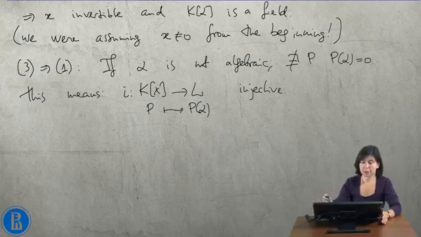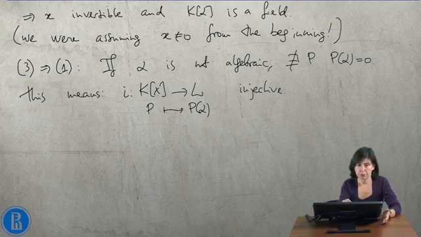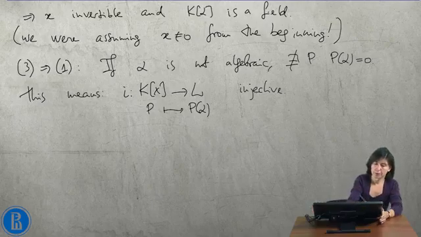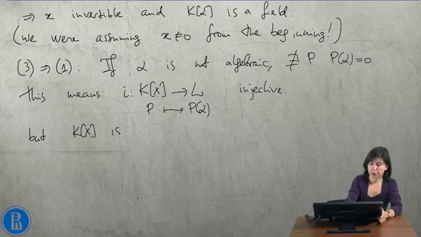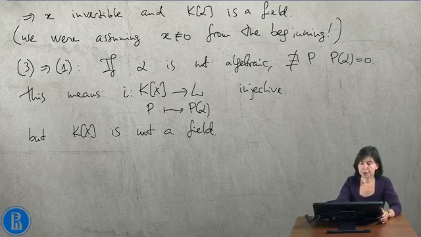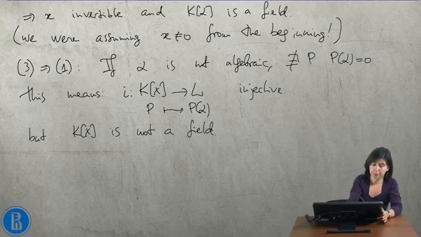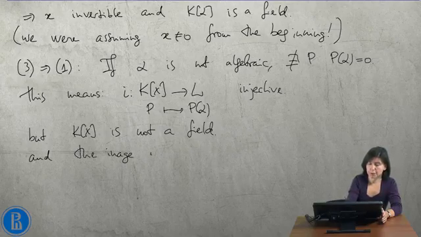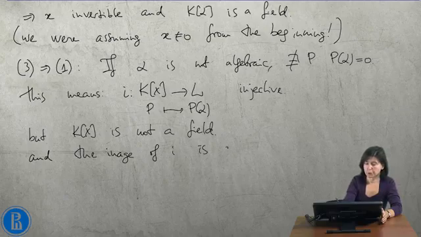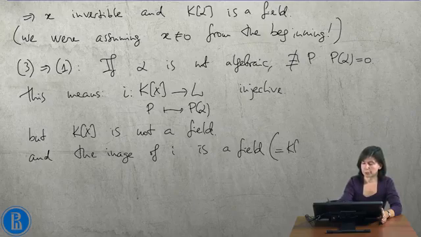But K[x] is not a field. And the image of this homomorphism is K of alpha, which is a field, because this was just K of alpha. So this is a contradiction.